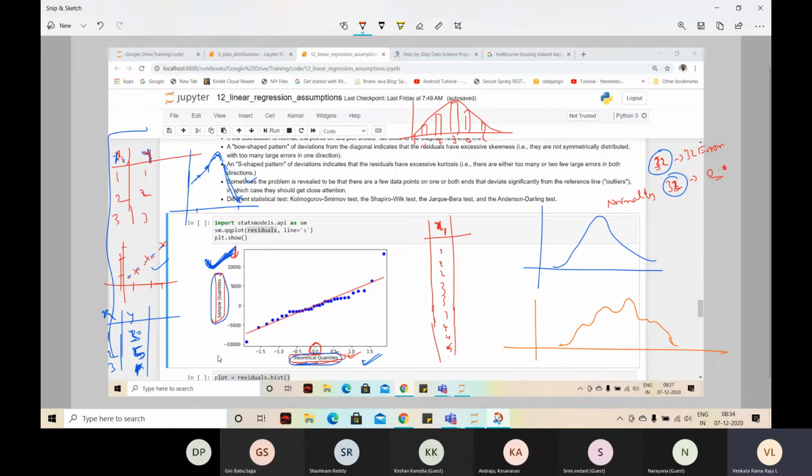So what it will do is, x will be taken from here, this is the theoretical normal distribution. Y will be taken from here. This dot is plotted. X will be taken from here, Y from here. Another dot. X from here, Y from here. Another dot. X from here, Y like that.